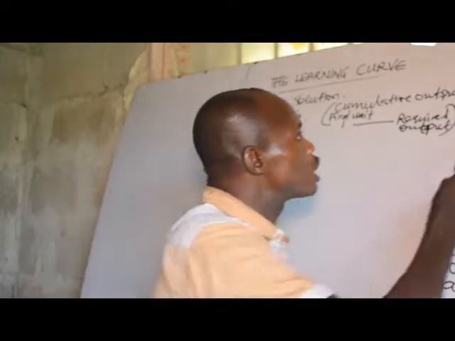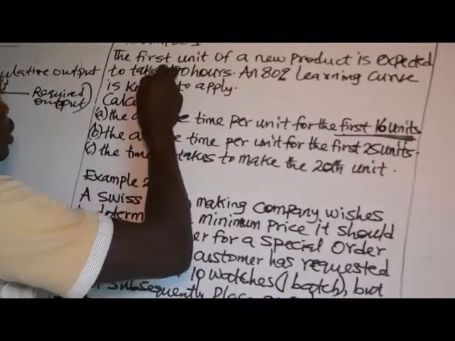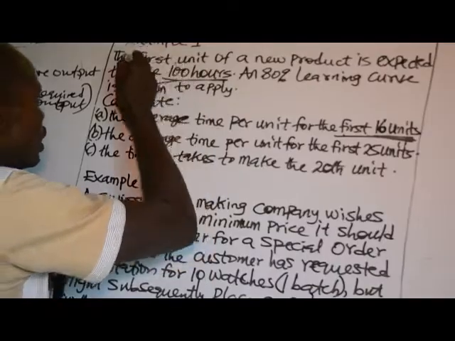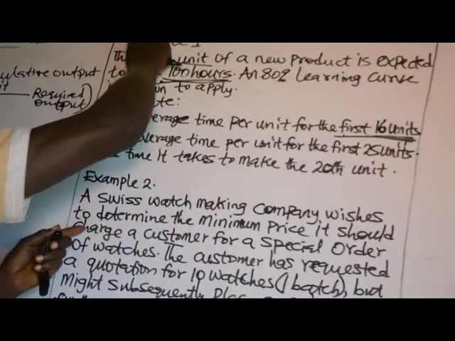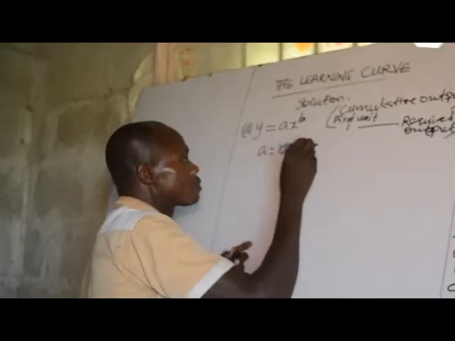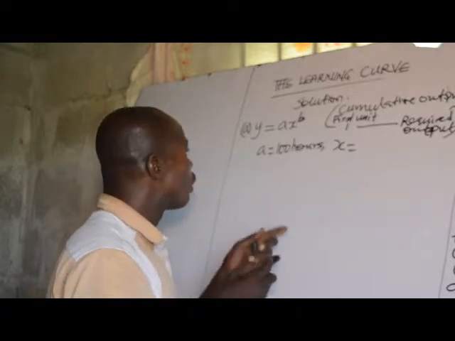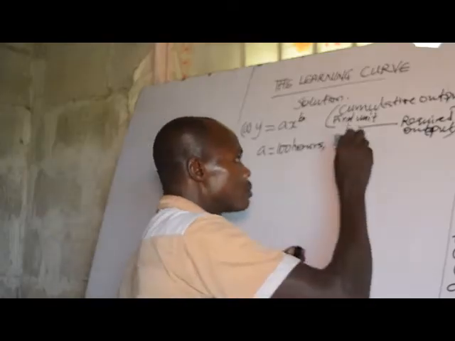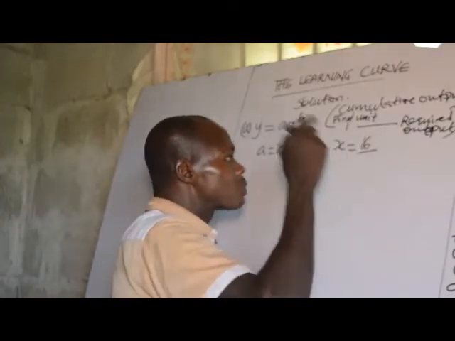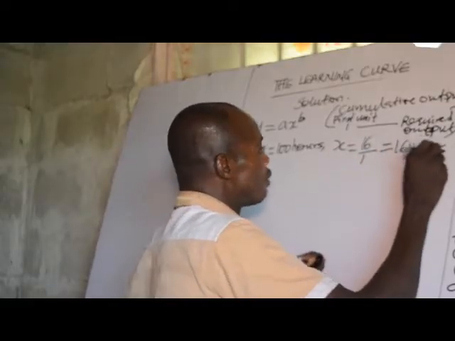You were told the first unit takes 100 hours. 100 divided by 1 is still 100, so the value of a is 100 hours. X is the defined cumulative output over the number of units in the first batch. In A, the cumulative output is 16 and the unit in the first batch is 1, so the value of X is 16.